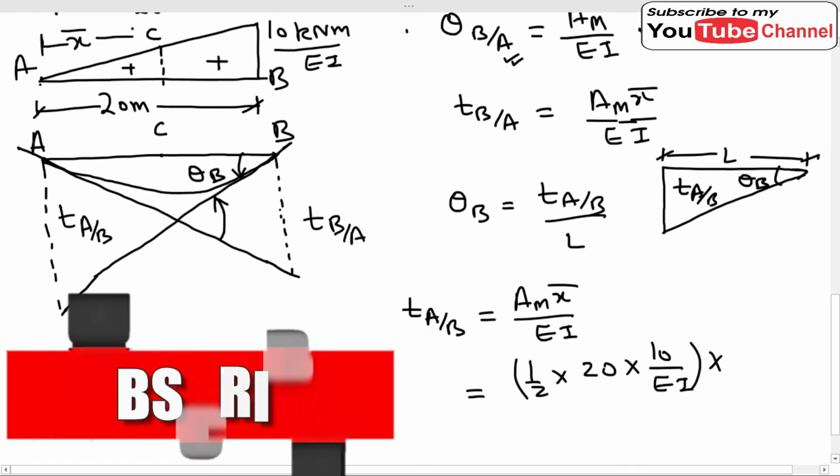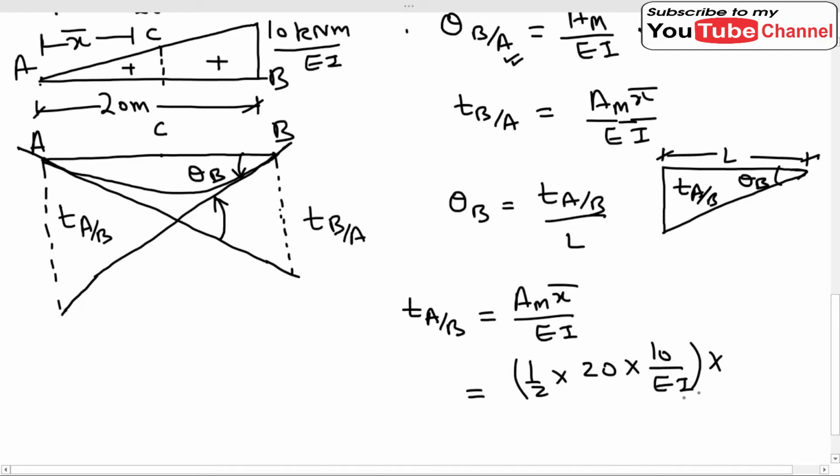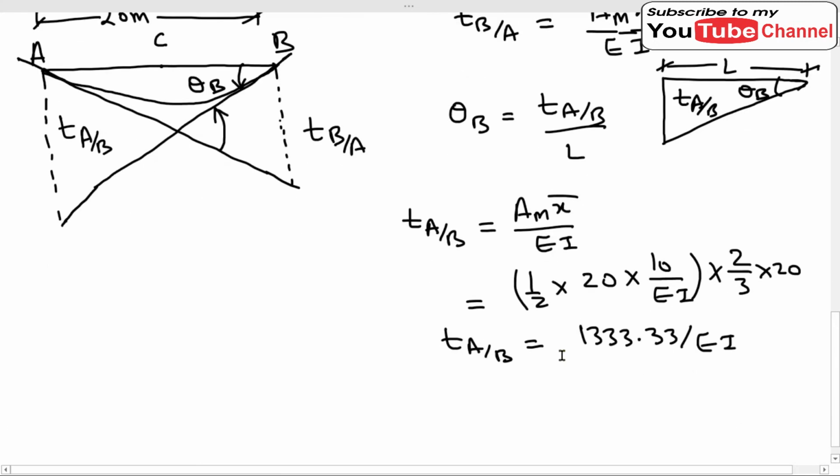The CG will be at a distance of 2 by 3 times L. So the value of TA over B will come out to be 133.33 upon EI after calculation. So we have found out the value of TA over B.